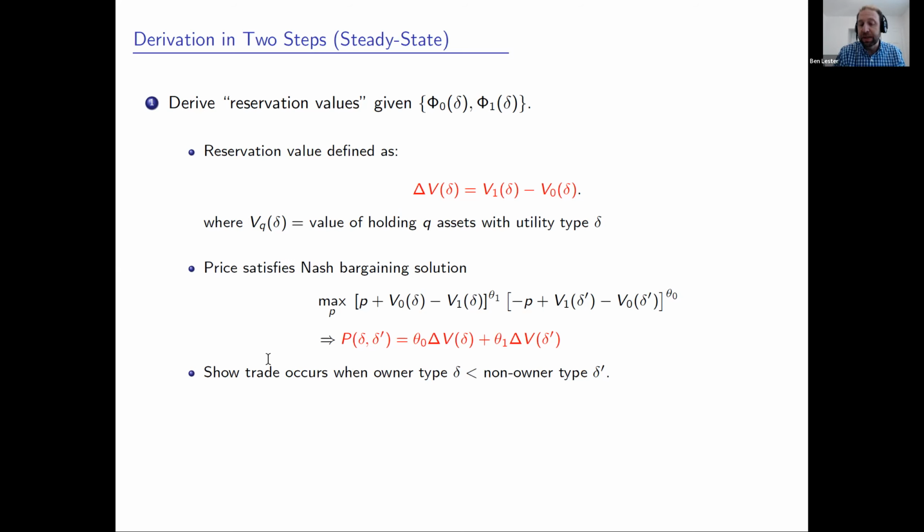What we're doing here is establishing from a primitive level that every equilibrium is going to have reservation values that are strictly increasing in type. And what that means is, again, that the trading rule is trivial. If an owner of type delta meets a non-owner of type delta prime, they trade if and only if delta prime is greater than delta. And that's going to be the key to making this model extremely tractable.